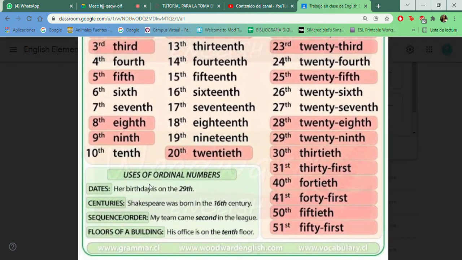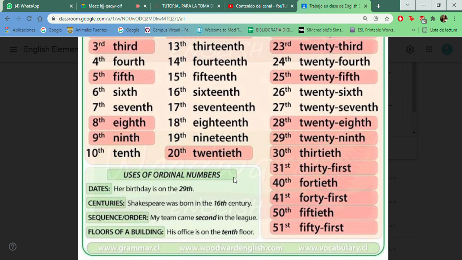When do we use them? The uses of ordinal numbers. Dates. Okay, dates. Centuries. For example, Shakespeare was born in the 16th century, right? I don't know about history. No sé mucho de historia. Well, maybe the French Revolution was in the 17th century.